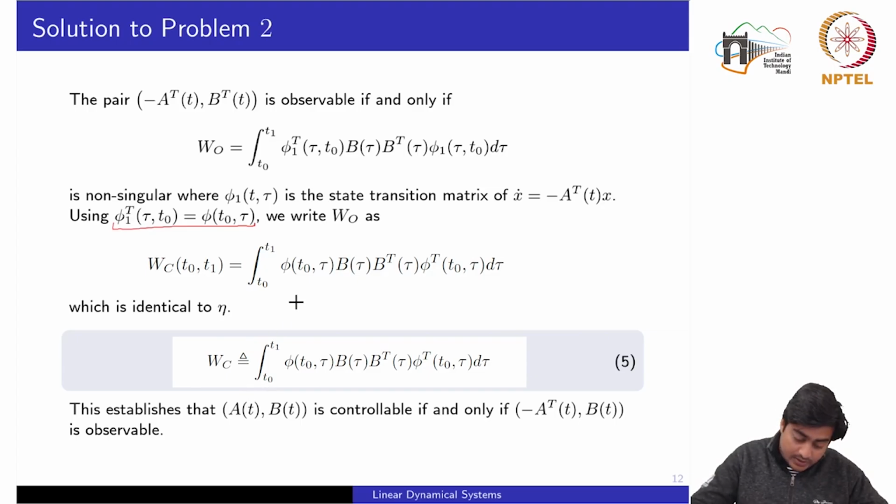So here we have shown that the observability Gramian of the second system is actually equal to the controllability Gramian of the first system. Okay, so this established the duality, which you would realize is slightly different from the LTI case.